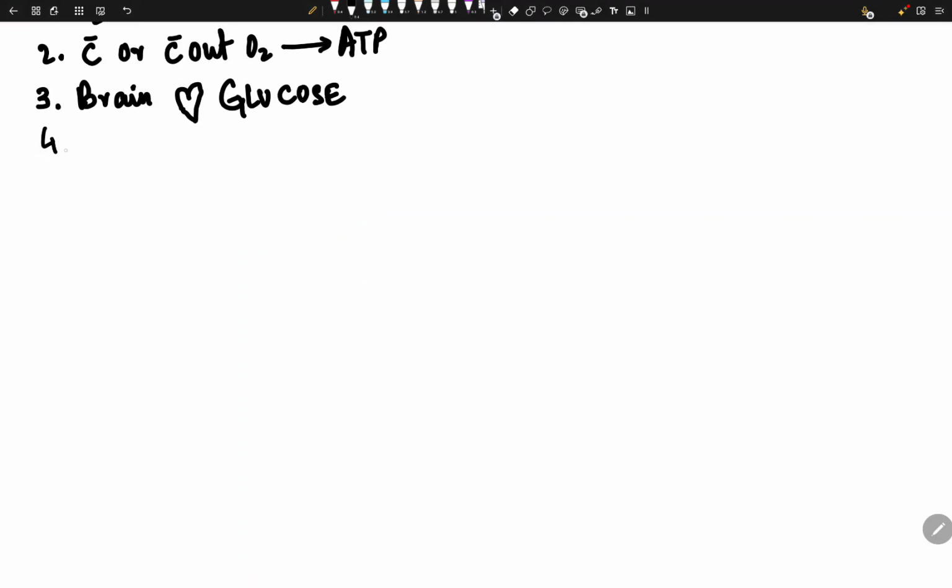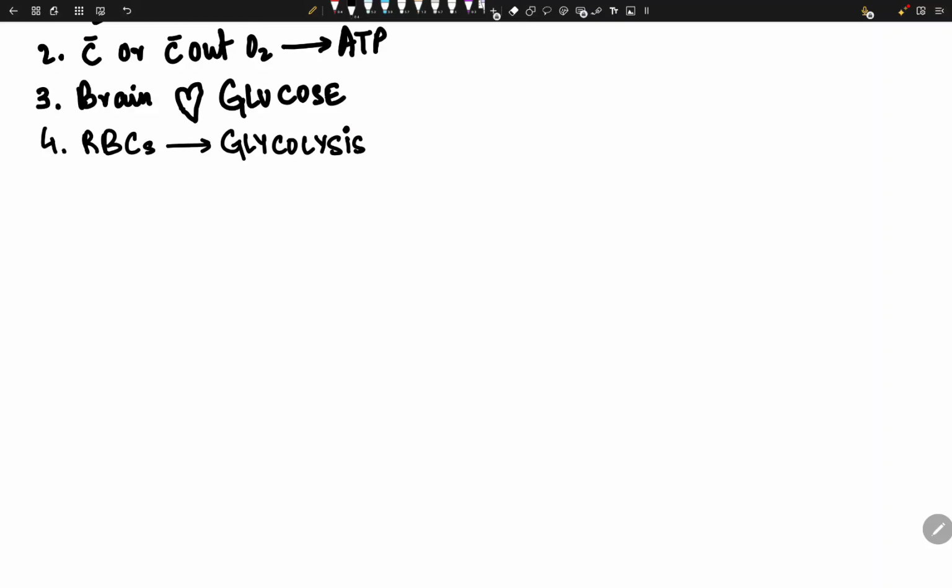Reason 4, why our body loves glucose. RBCs, red blood cells. What are you saying? RBCs have no mitochondria, right? Then how do they make ATP, Shashwat? Through glycolysis. That's how they do it, mister. They perform glycolysis, right?